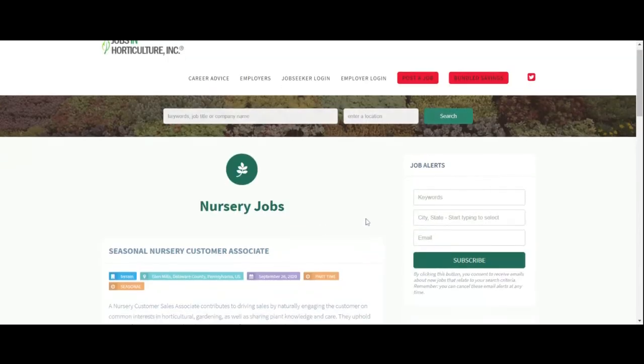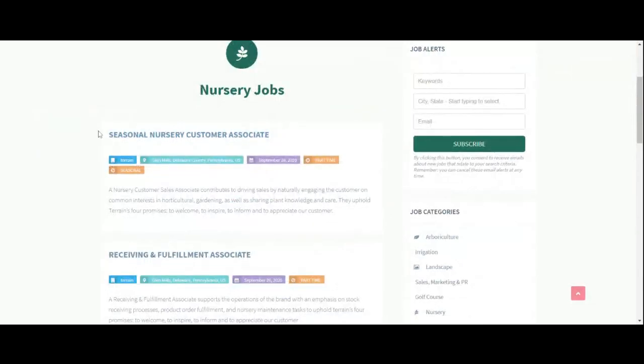So this pulls up job postings. Each one of these white boxes is actually a posting. And this one is for Glen Mills, Delaware County, Pennsylvania, posted on September 26, 2020.